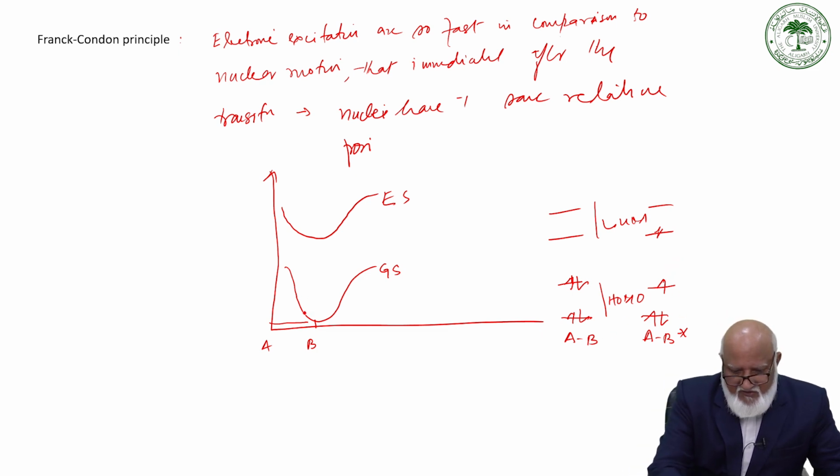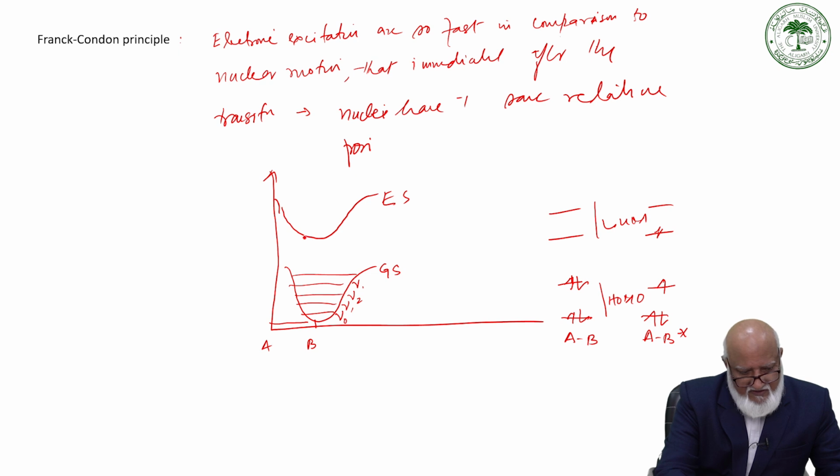In a diatomic molecule, these are the nuclear motion levels, nu zero, nu one, nu two, nu three, and in the excited state nu zero star, nu one star, nu two star, and so on.